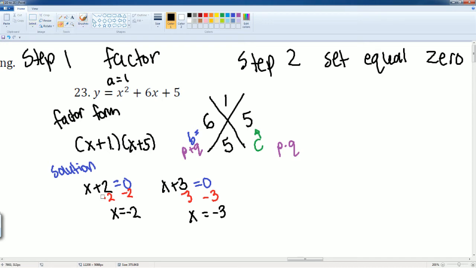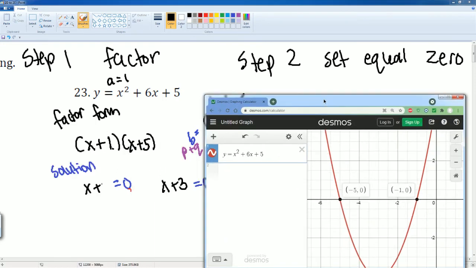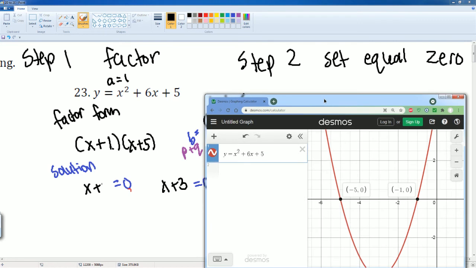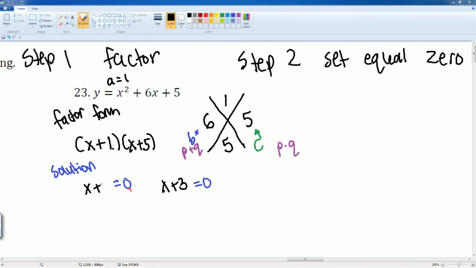So let's just redo this all over again. Again, I show you this because you make these mistakes too, so I want you to be aware of it, how to fix it, and how to check your work. Because remember, we went to Desmos and saw how the solutions didn't match ours. So this is how you check. x plus 1 equals 0, and x plus 5 will also equal 0.